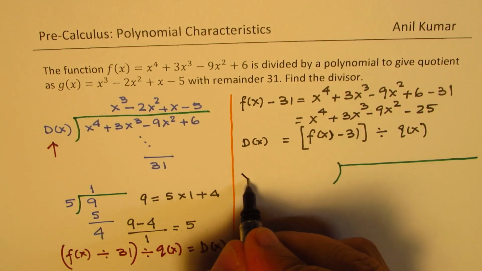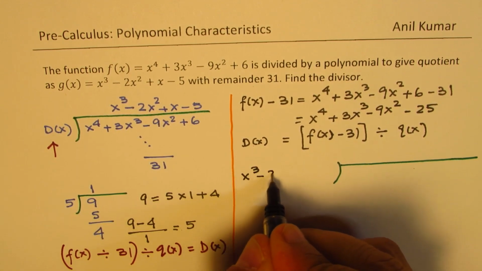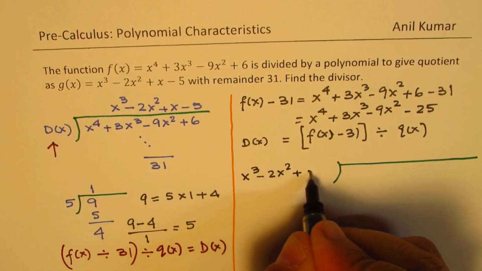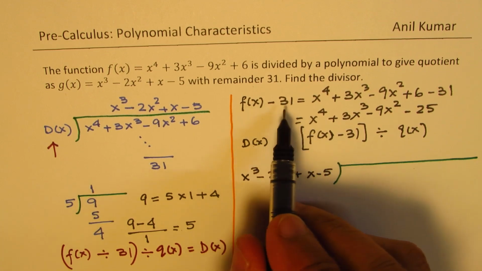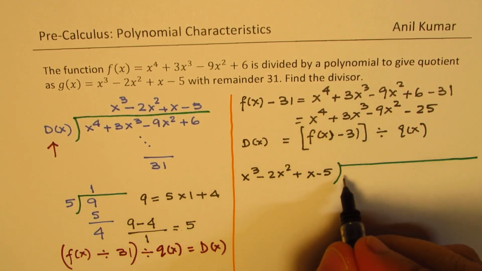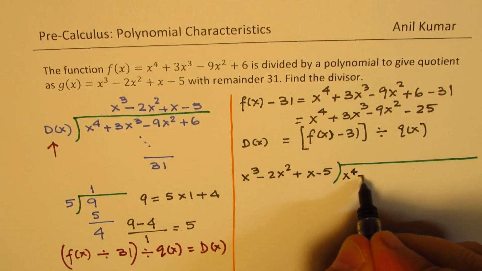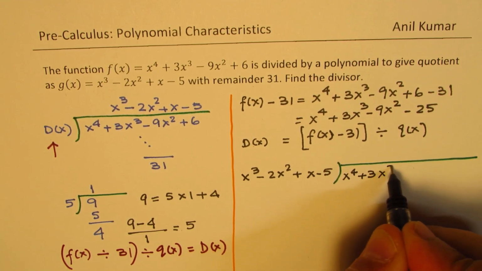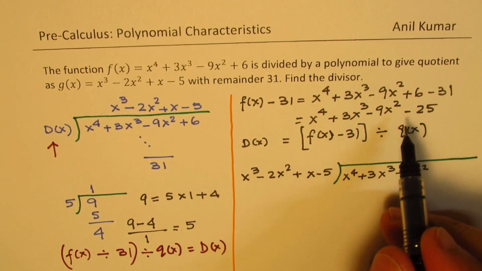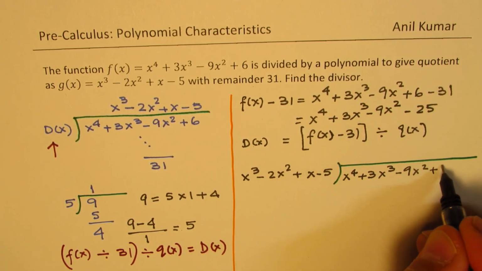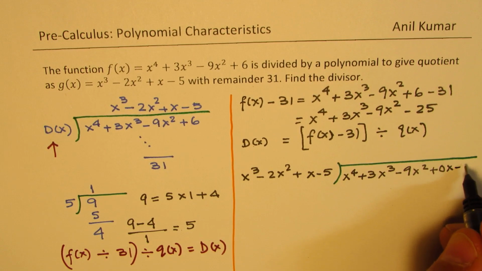So the quotient is x cubed minus 2x squared plus x minus 5. Now the difference, taking away the remainder, we are left with x to the power of 4 plus 3x cubed minus 9x squared. Now here the term with x is missing, so we'll put a placeholder 0x, minus 25.